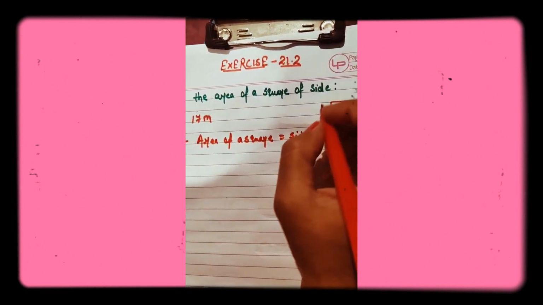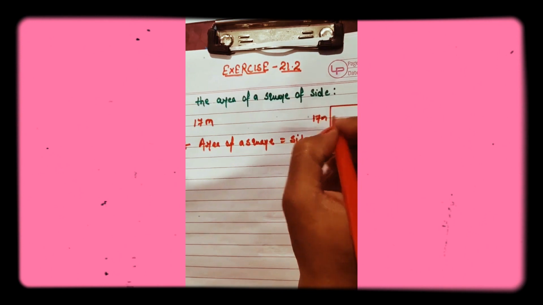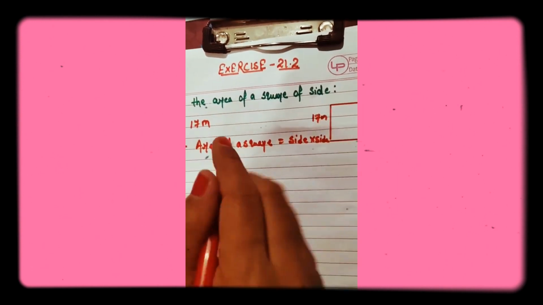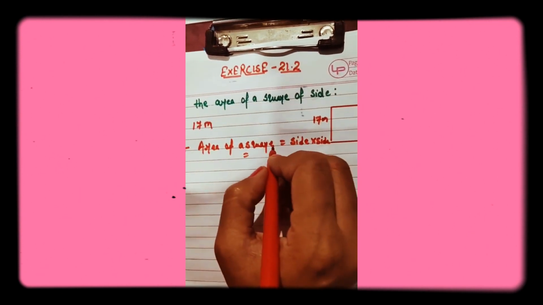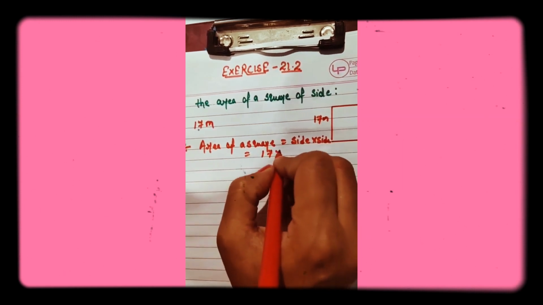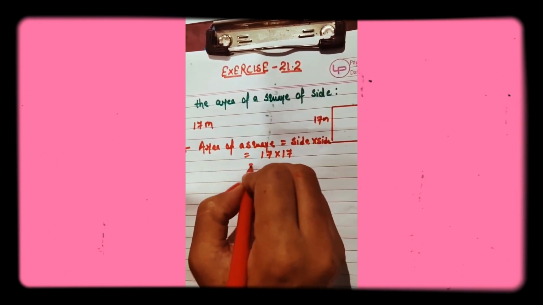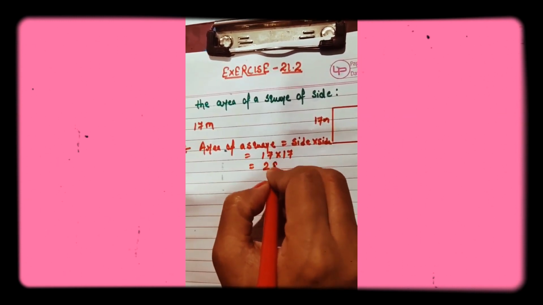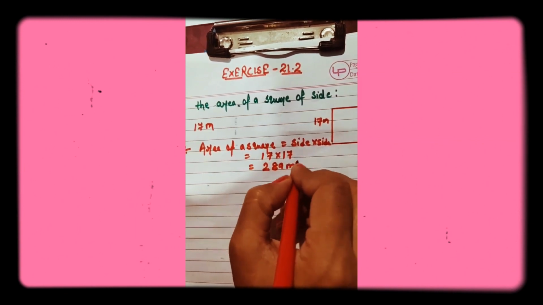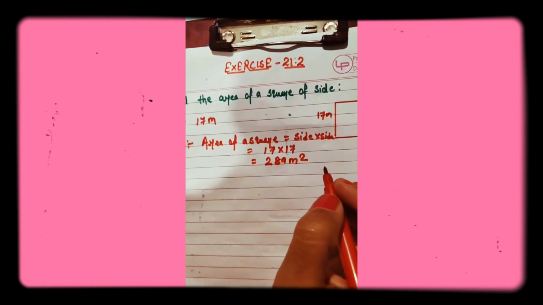Suppose here given one side 17 meter. So we have to find the another side. So 17 multiply with 17 equal to 289 meter square.